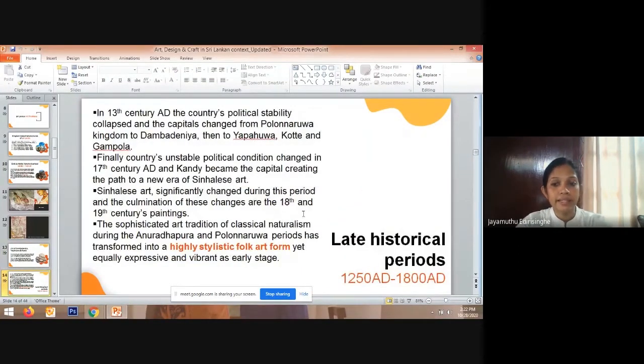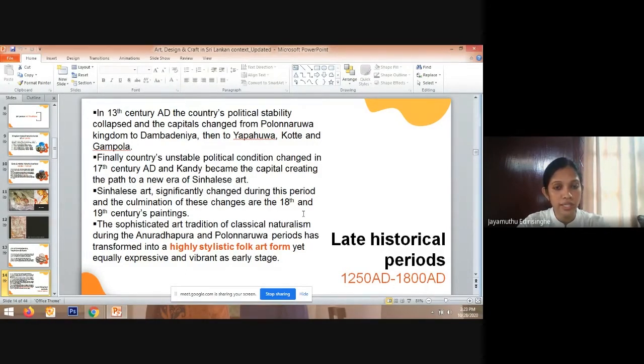Okay, and then comes the late historical period. As I mentioned before, after the 13th century AD, the country's political stability collapsed, and that's why the kingdoms changed from Dambadeniya to Yapahuwa to Kotte and Kampola.